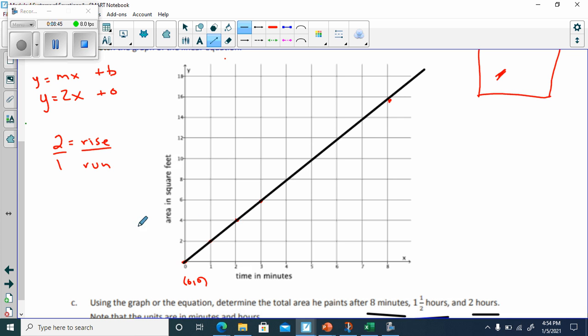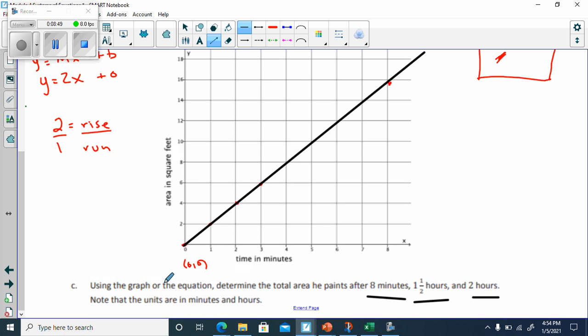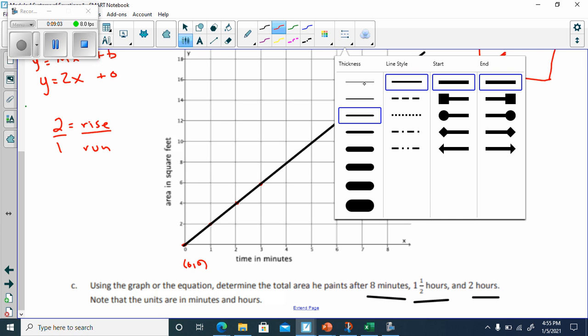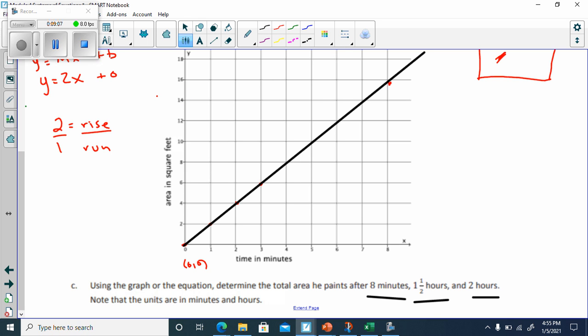There we go. Okay. The bottom part here says use the graph or the equation. Here's your equation, here's your graph, to determine the total area he paints in 8 minutes, 1.5 hours, and 2 hours. Note there are units that are in minutes and units that are in hours, so we need to be careful here, don't we?